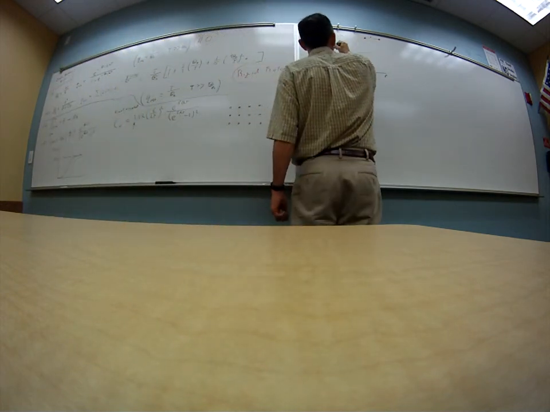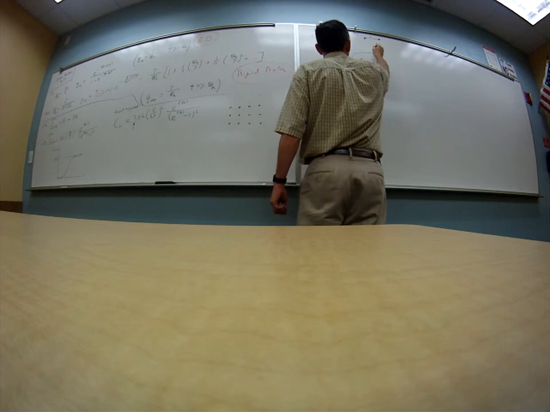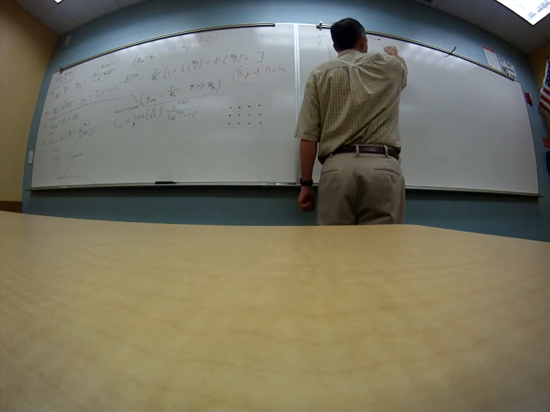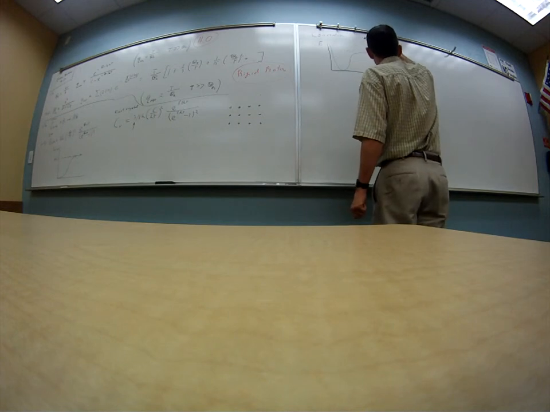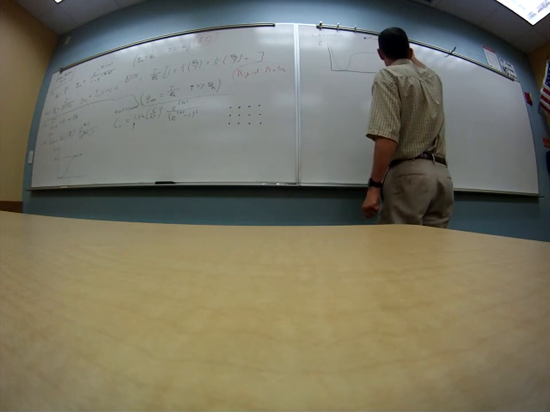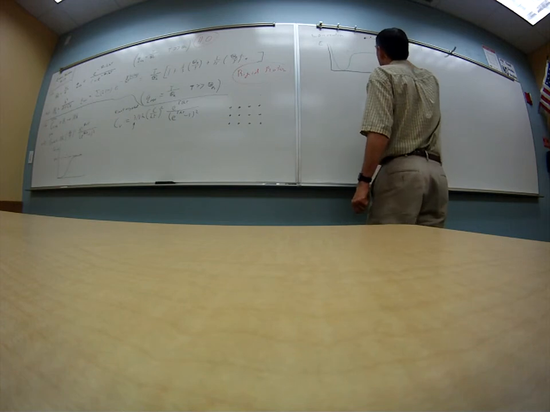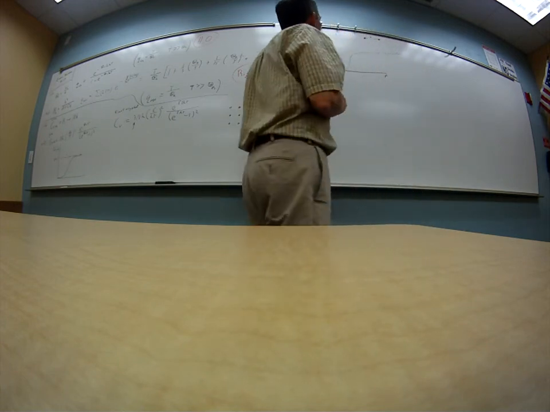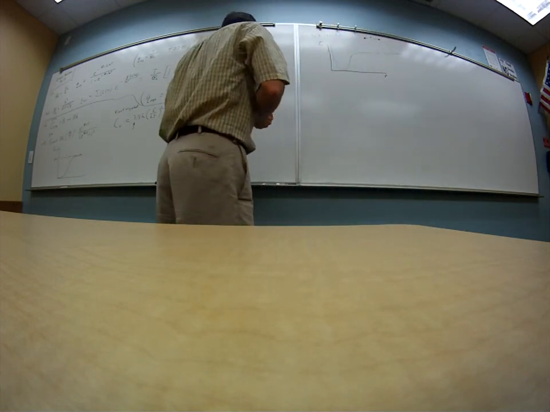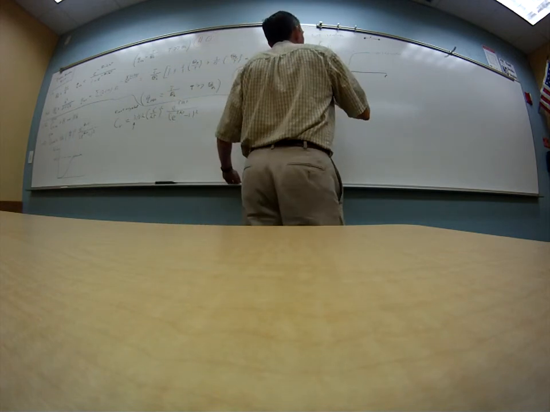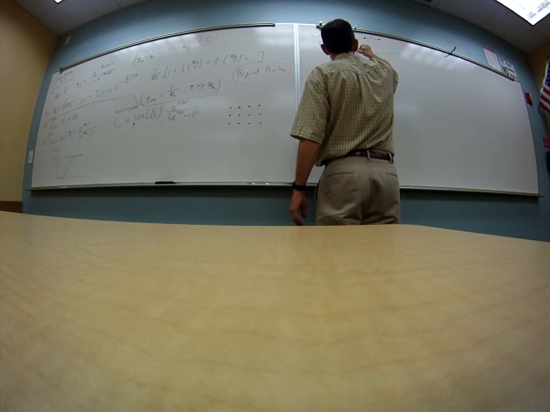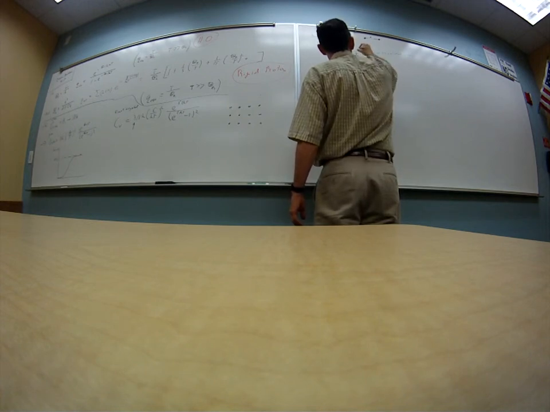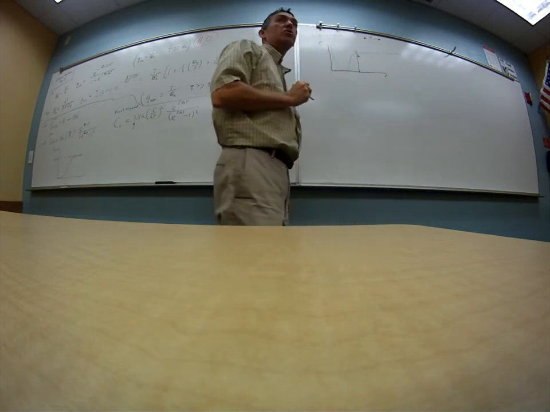This asymptotically will go to some value, and this corresponds to the separated atom energy. This difference here is the well depth, and it's usually given the symbol D with the superscript E.